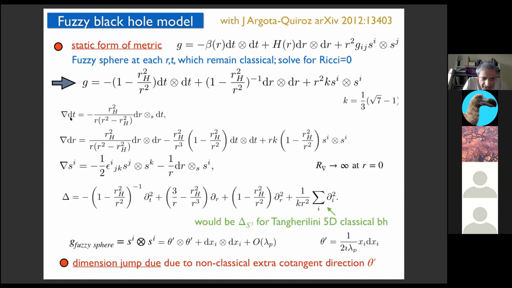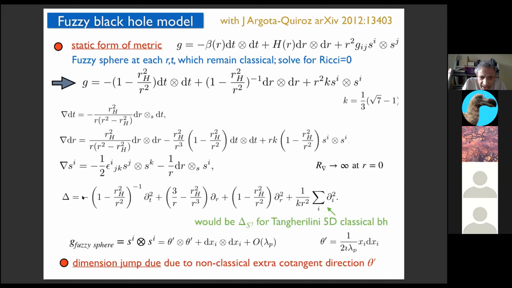You apply nabla to d of a function, and then you apply the round bracket inner product. That gives you another function. That's the Laplacian, the Laplace-Beltrami operator. And that looks like this. Now this form of metric here, not this bit, but this form of metric here, is exactly what you have for a 5D black hole. This is the Tangherlini solution for a black hole in 5 dimensions.